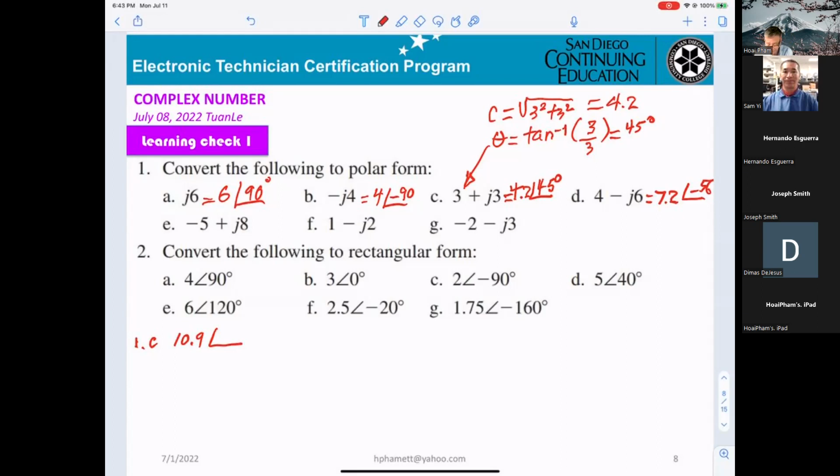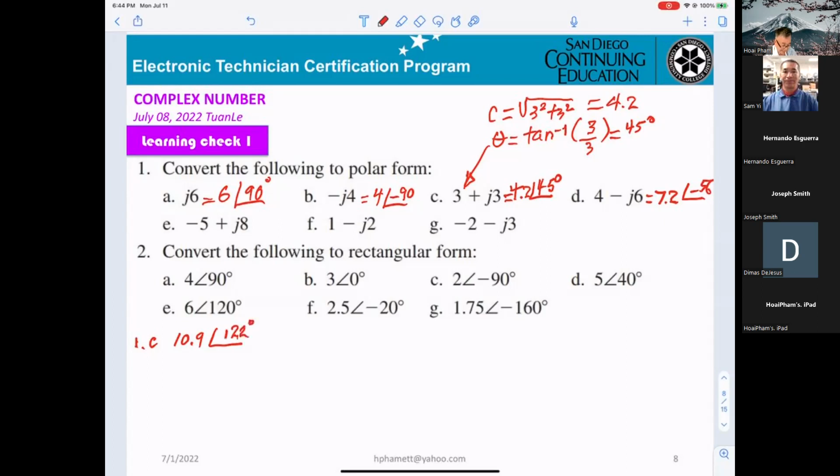What angle? 122. What did you get? Positive 122.